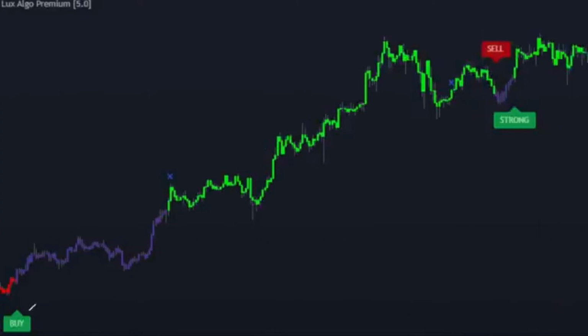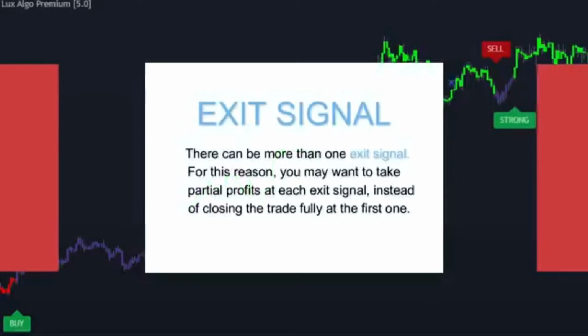In this example, we initially got a buy signal, followed by an exit signal. However, the price continued to go even higher, where there was a second exit signal further along. There can be more than one exit signal.